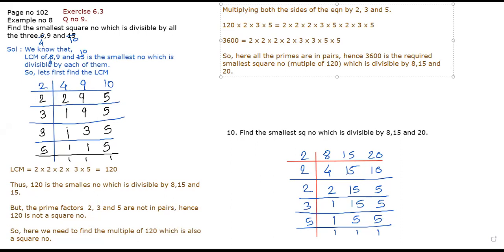Correct? Is this point very clear to all of us? Yes, sir. Good.